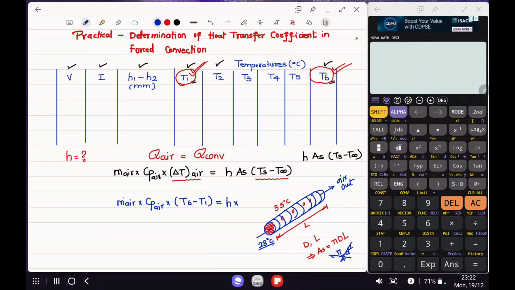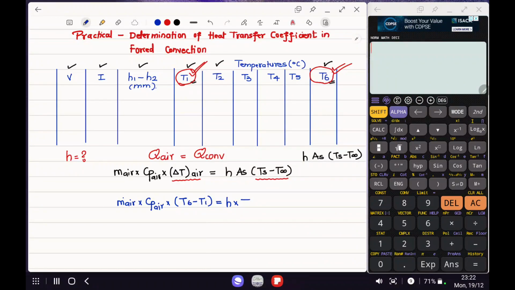No, this will not be applicable. So I hope again this understanding is clear. So I will just erase it. Then As is pi into internal diameter of the pipe, because air is not flowing over the external diameter, it is flowing only through the internal diameter, multiplied by L, multiplied by (Ts minus T infinity).